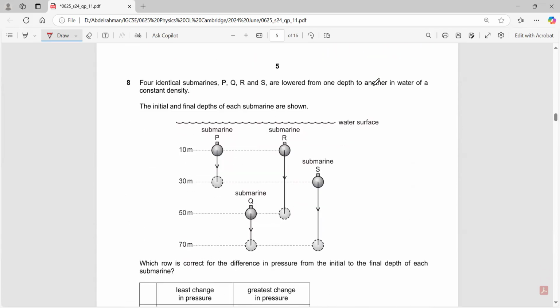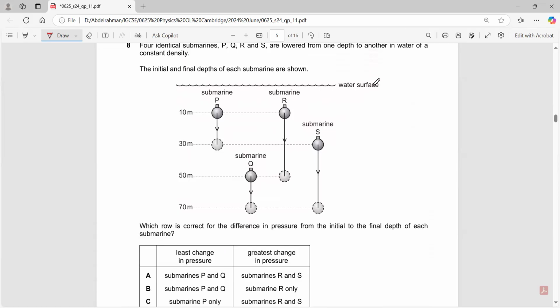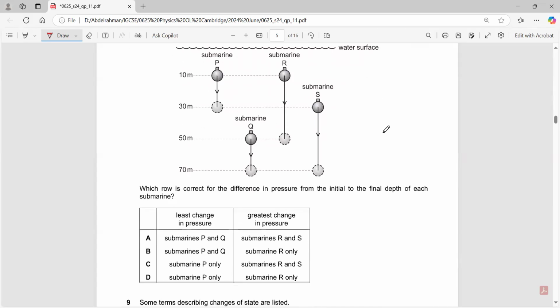Four identical submarines P, Q, R, and S are lowered from one depth to another at a constant density. Which row is correct for the difference in pressure from initial to final depth of each submarine? For P, the initial depth was 10, the final was 30, so the difference is 20. Same goes for Q, because it was 50 and then it goes to 70. So the depth difference is 20 meters.